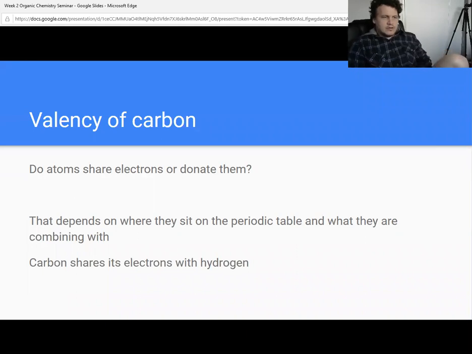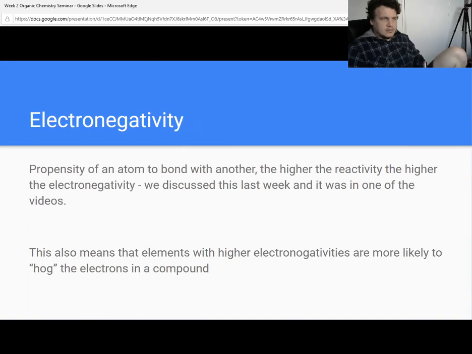Okay, so yeah, carbon forms bonds, generally covalent bonds. It's generally a sharer, it's not so much giving away or completely accepting. We discussed electronegativity in either the video or the session last week, but it really is the thing that underpins all of the intermolecular forces.